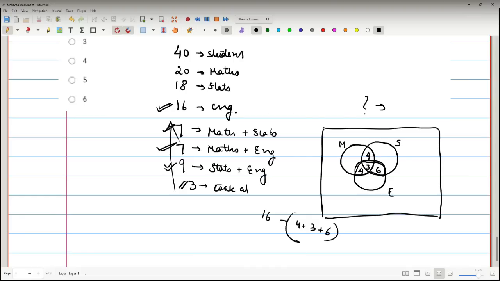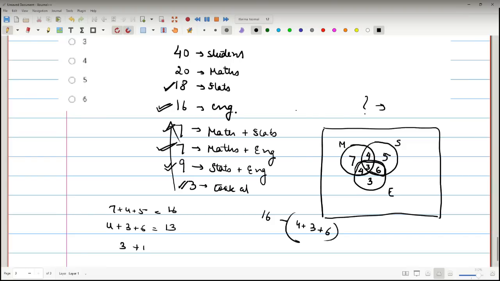I'm not calculating, I'm just trusting that you are giving the right answer. How many have taken stats only? 5, I hope so. You are right. And how many have taken maths only? 7. Just add them up. 7 plus 4 plus 5 is 16. 4 plus 3 plus 6 is 13.